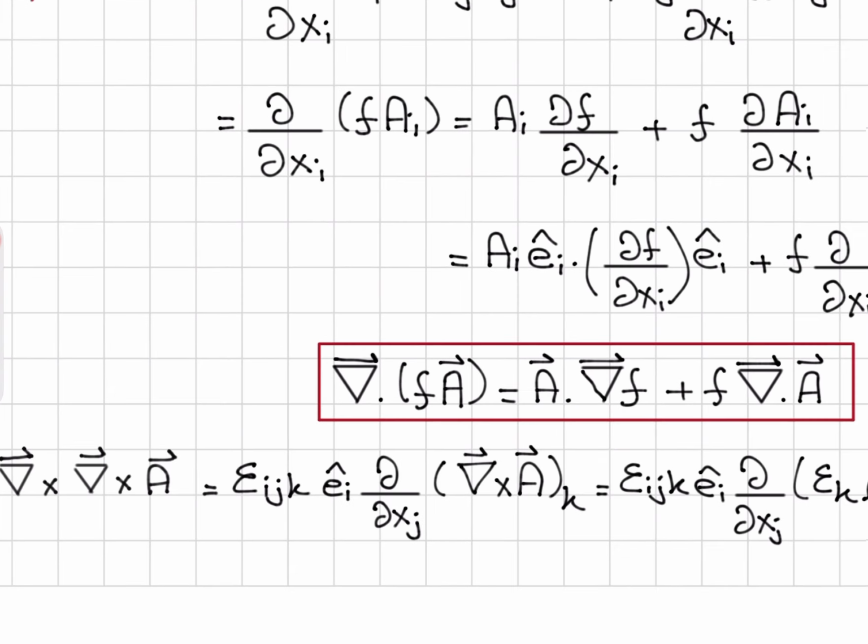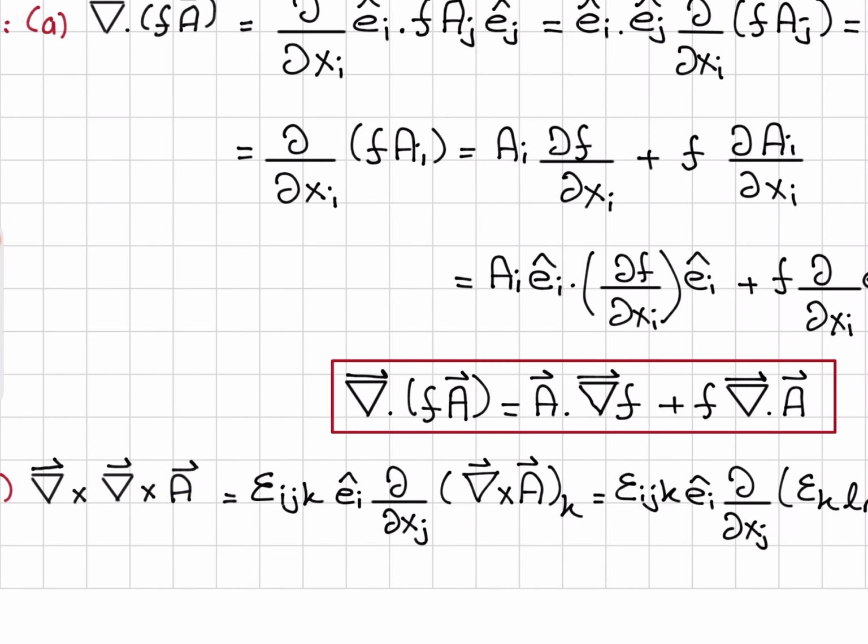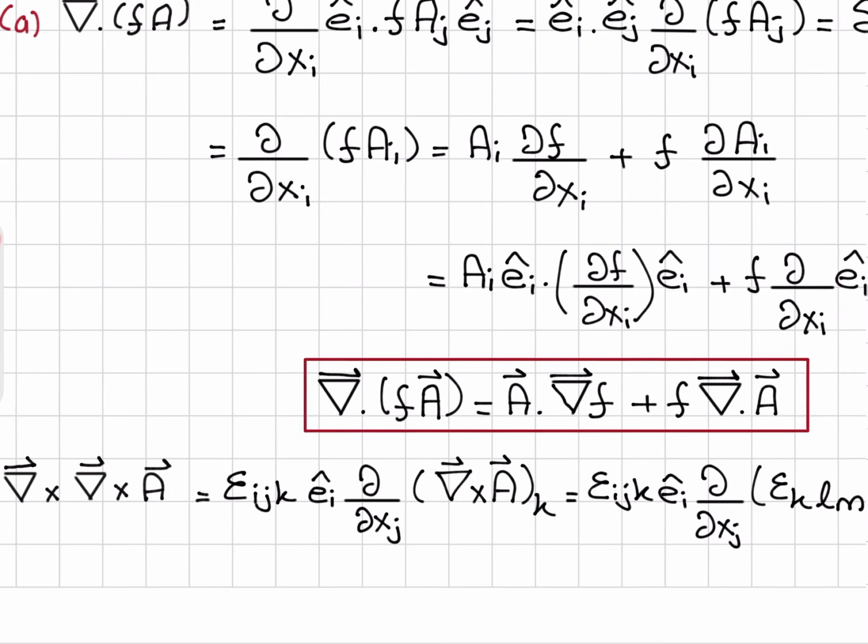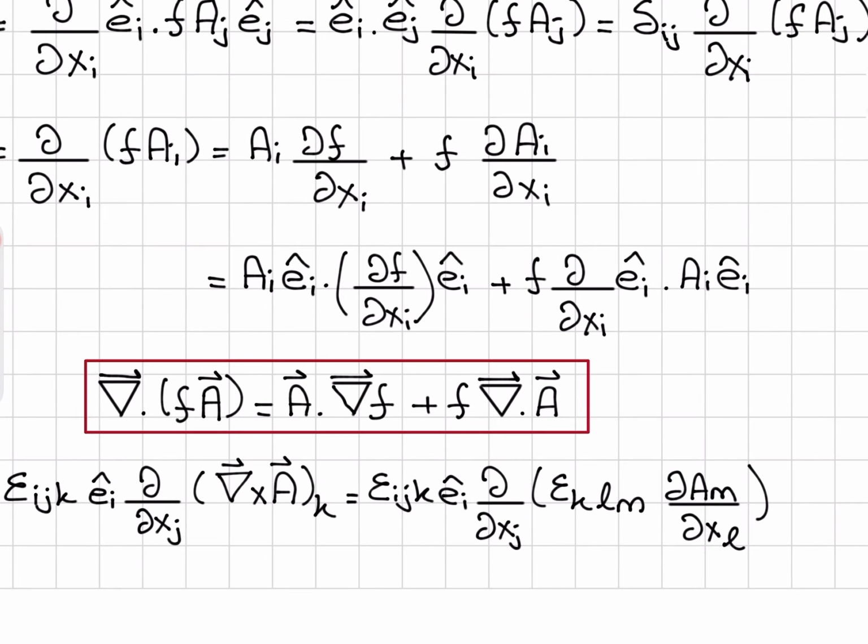As for the second identity, for the curl of a vector, we have epsilon ijk e_i hat del x_j kth component of the second vector. And kth component of curl of A is epsilon klm del x_l applied to a_m. If this wasn't the kth component, this would be multiplied by e_k hat.